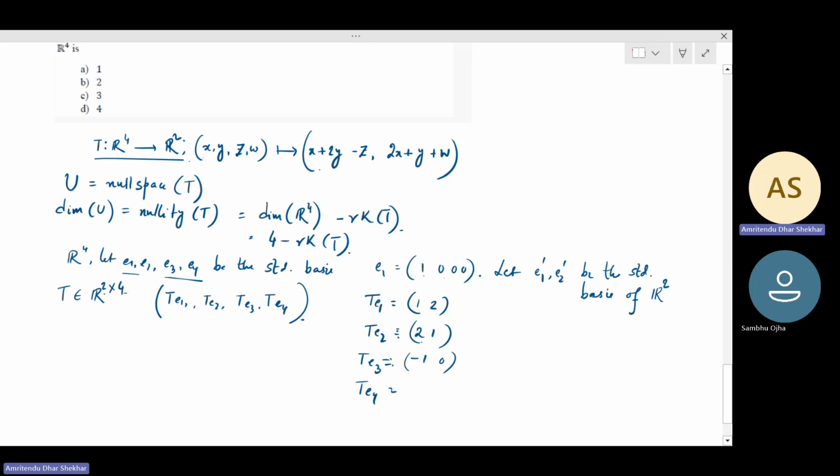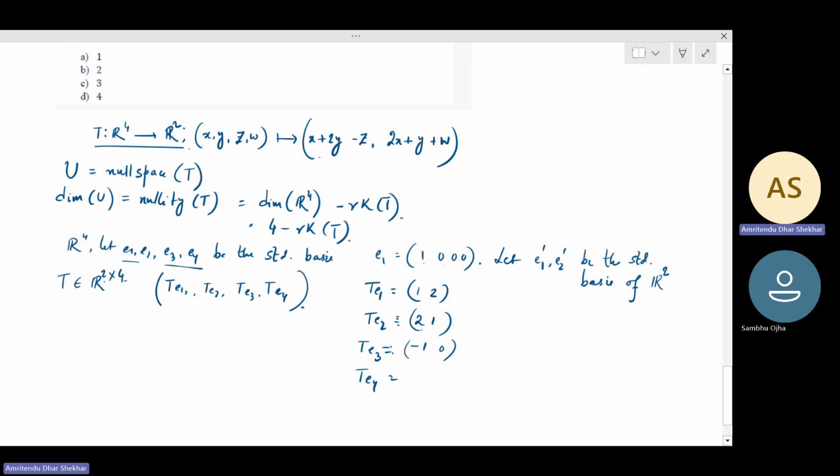And TE4 is going to be equal to 0, 1. So the matrix of T corresponding to the two bases that we have chosen, the E basis and the E prime basis, is going to be equal to 1, 2, 2, 1, minus 1, 0, 0, 1.